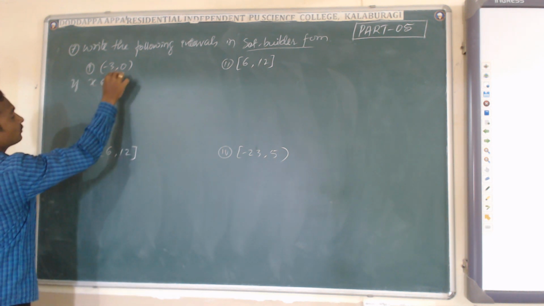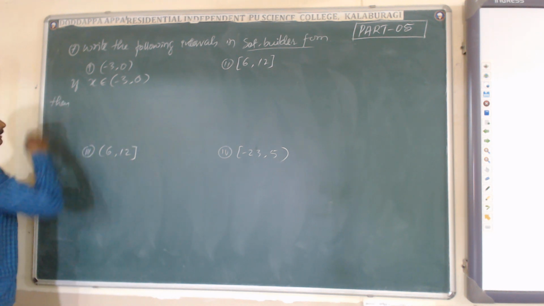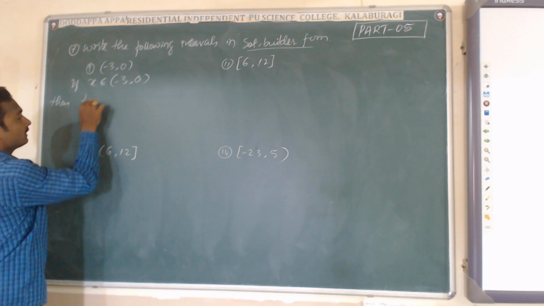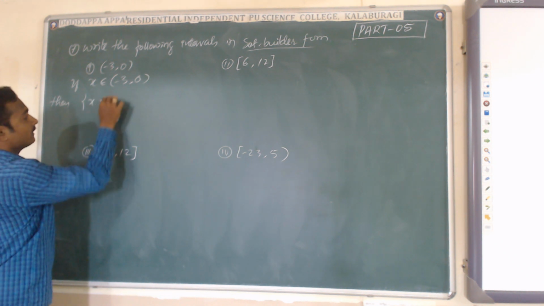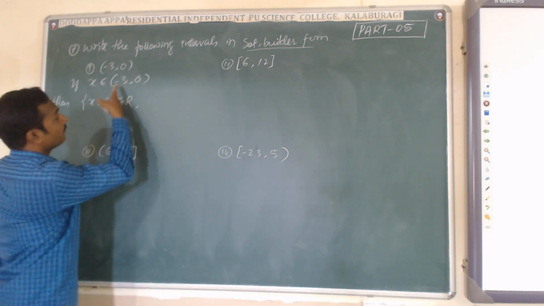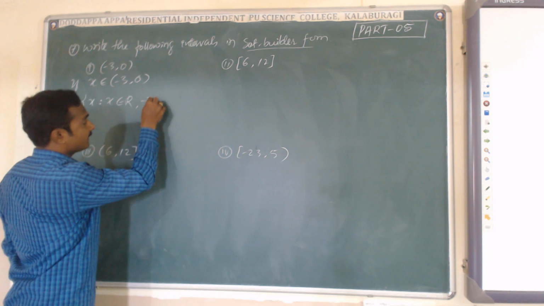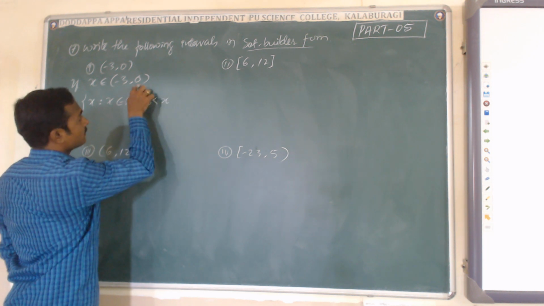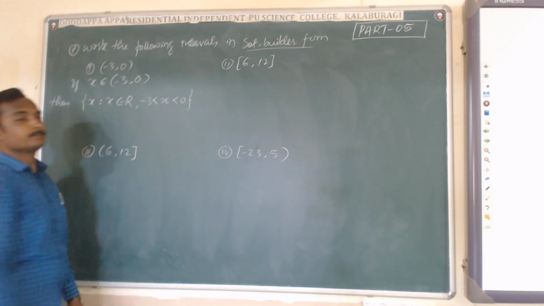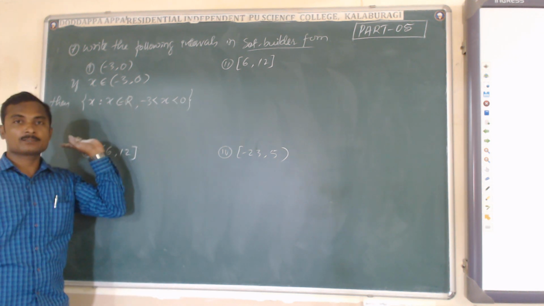If x belongs to the open interval minus 3 comma 0, then the set builder form is the set of all x such that x is a real number and minus 3 is less than x is less than 0, as both are open intervals, both are strict inequalities.